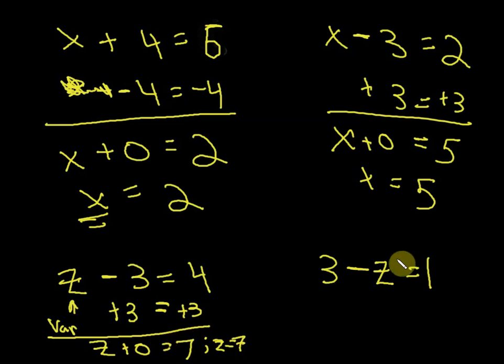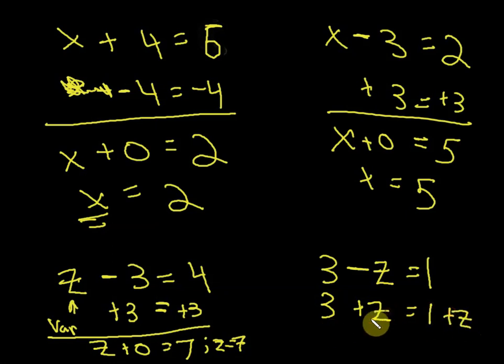Well, now this is a bit tricky, because some people will get used to saying positive z, but it's the same thing. So let's just see what we can do. Well, we can do this. So we keep this as a 3. We can add z plus z, and then we could say equals 1 plus z.